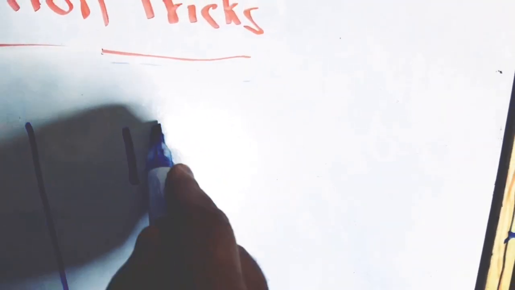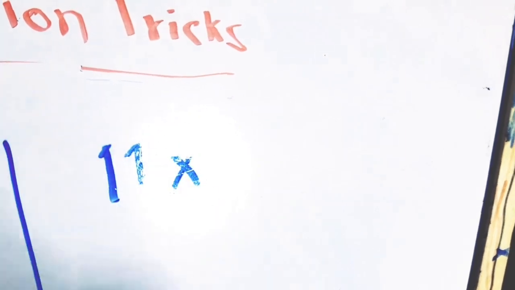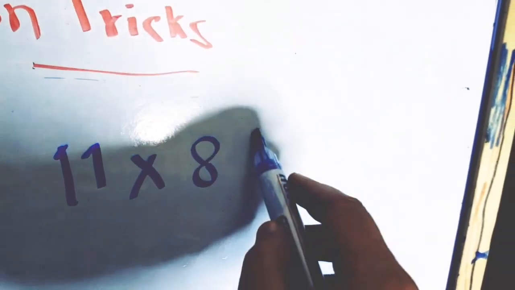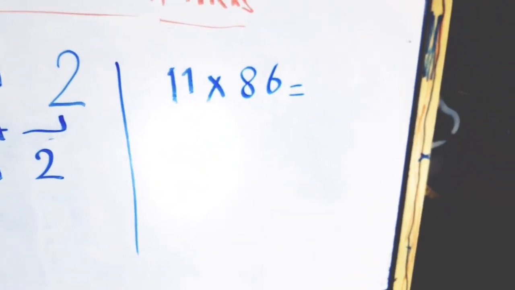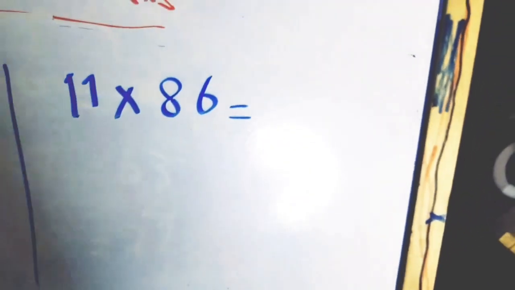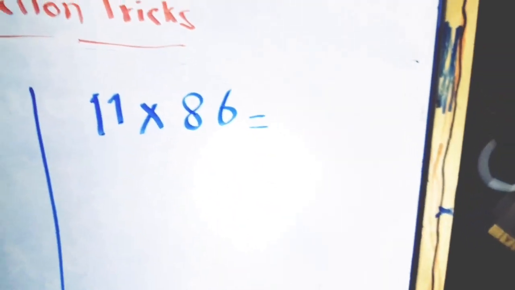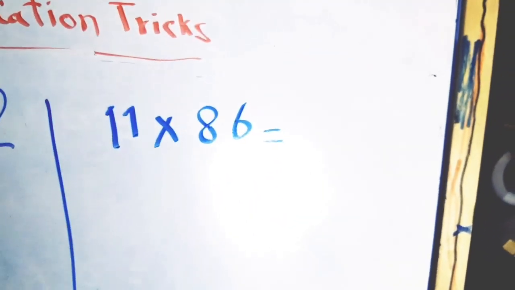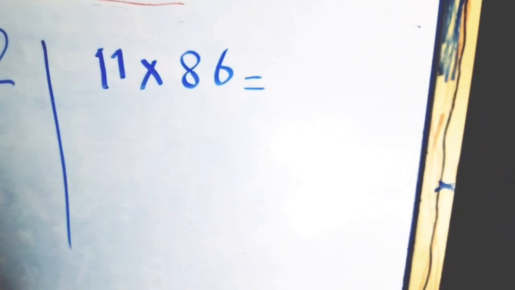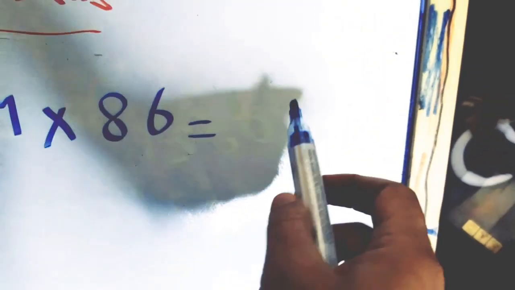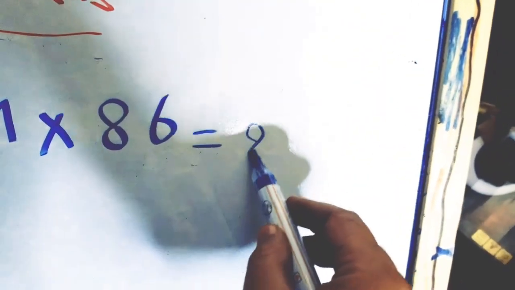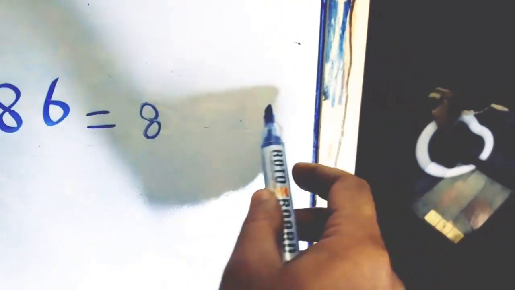Okay. Another example. 11 times 86. We use the same trick. We look at the number we are multiplying by 11 and write it in this way. We write 8, leave a space, and write 6.